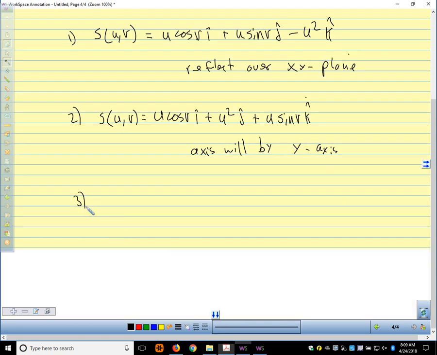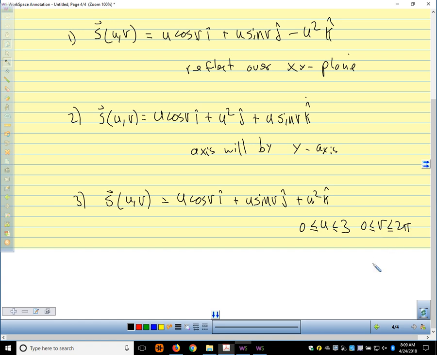The third one, S of u and v. Oh, these should be vectors. I would have lost a point on my test for that. S of u and v is u cosine v i hat plus u sine v j hat plus u squared k hat, with 0 less than or equal to u less than or equal to 3, and 0 less than or equal to v less than or equal to 2 pi.